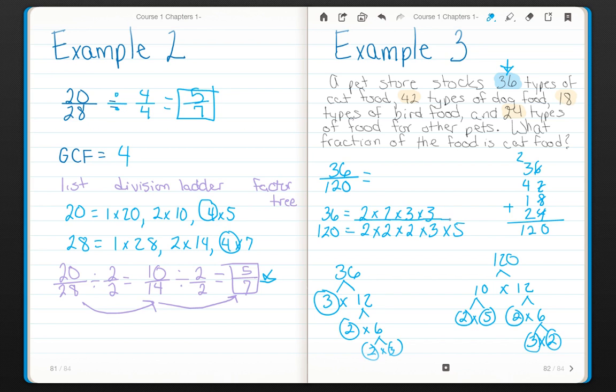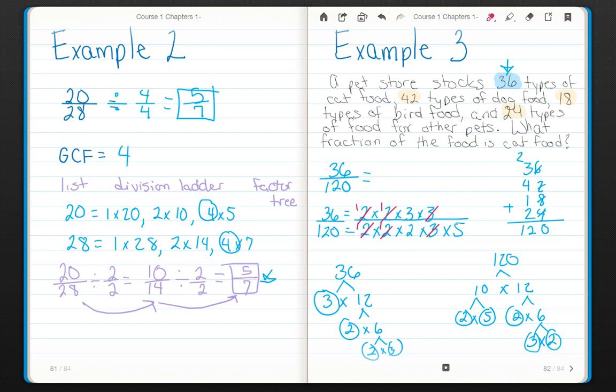Now, this is division. 36 over 120 is the same as 2 times 2 times 3 times 3 divided by 2 times 2 times 2 times 3 times 5. Now, I can divide by common factors. 2 divided by 2 is like 1 over 1. 2 divided by 2 is 1 over 1.